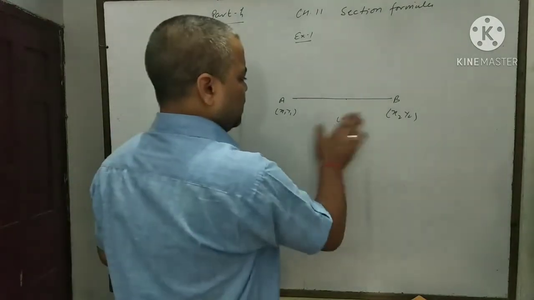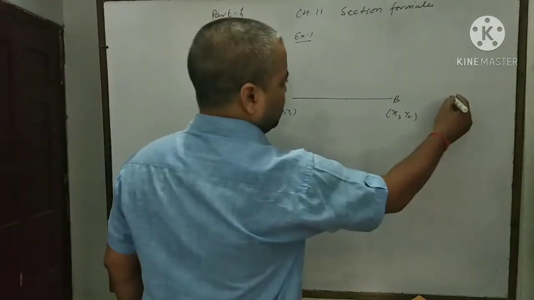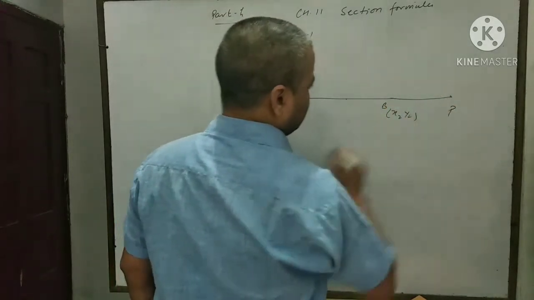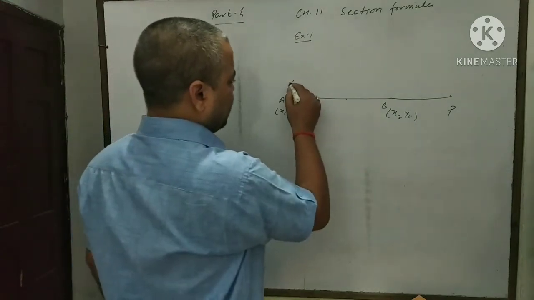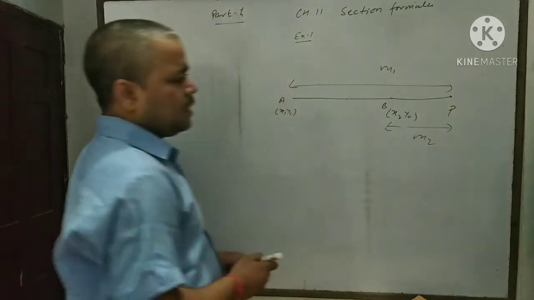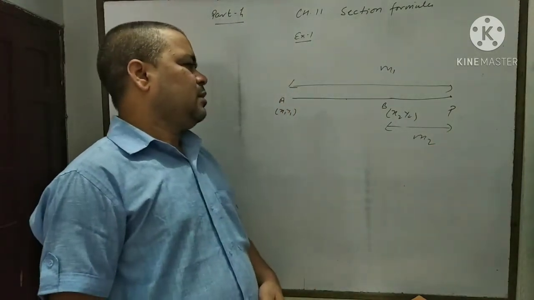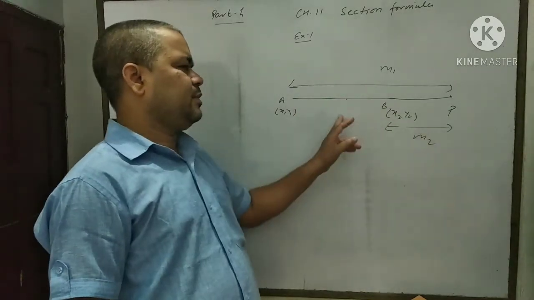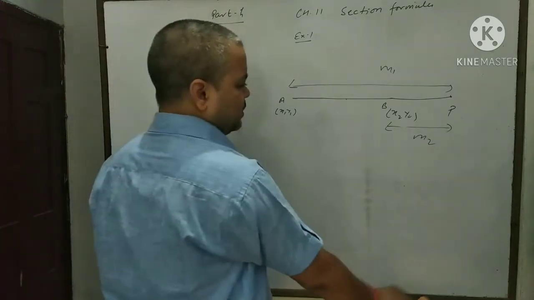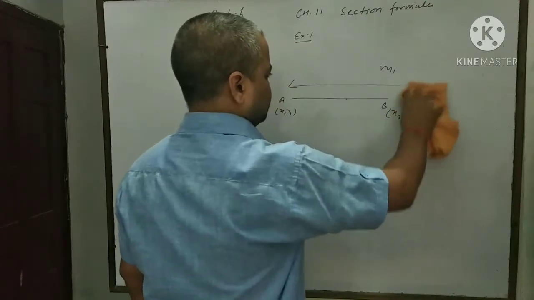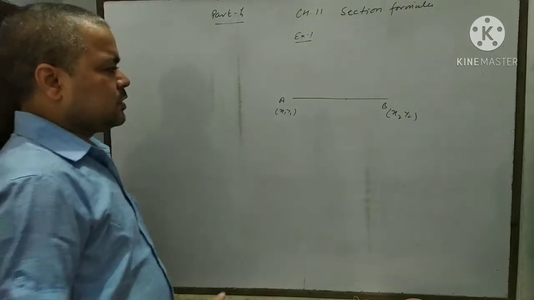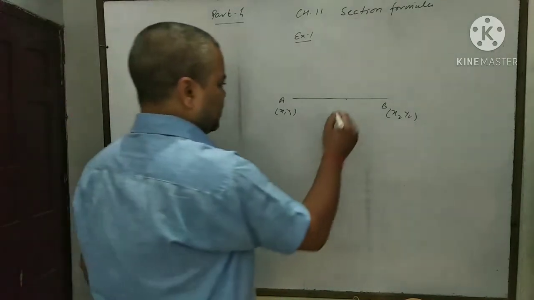Externally means the point P will be here, and we extend this line up to this point P, and it divides the line in the ratio M1 is to M2. In this case, we say that point P divides line segment AB externally. But external division is not in the syllabus of the 10th class. Therefore, we should concentrate only on the case when the line segment AB is divided by point P internally.